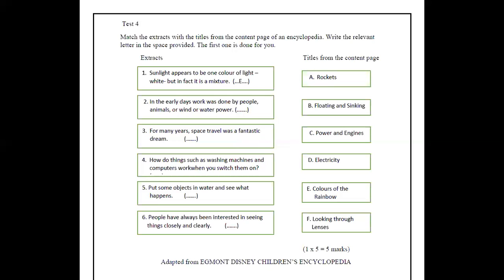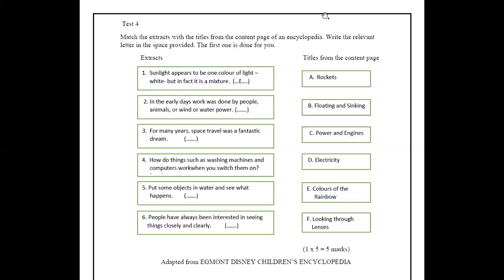So the fifth one is: put some objects in water and see what happens. When we put some objects in water, what is going to happen is definitely either floating or sinking. So the correct answer is B, floating and sinking.